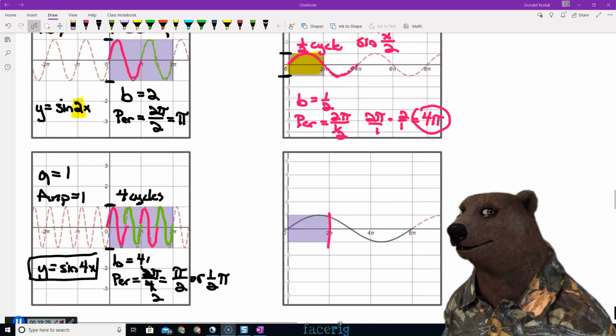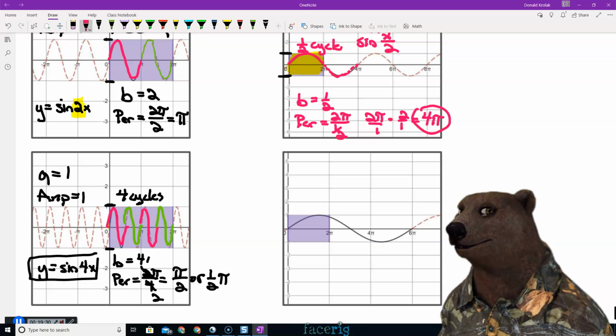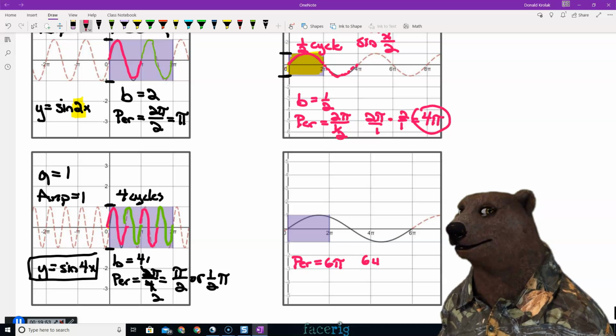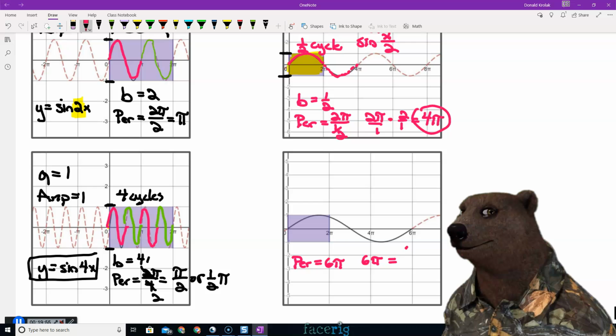To figure out the B value here, we're going to work backwards from the period. The period takes 6 pi. To work backwards and get B, I use the formula that the period is equal to 2 pi divided by B. Now I'm going to solve this.